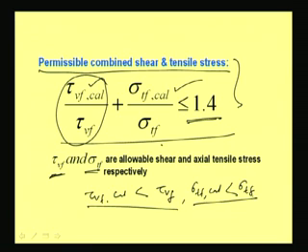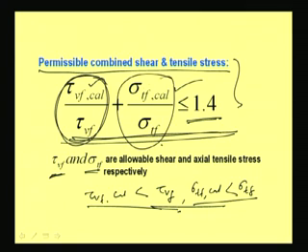These two are individual checks, and then for the combined check, jointly it should be less than 1.4. If it is more than that, then we have to change the number of rivets or change the dimension of the rivet joint, otherwise we have to reduce the joint load, right. So, in this way we have to calculate.